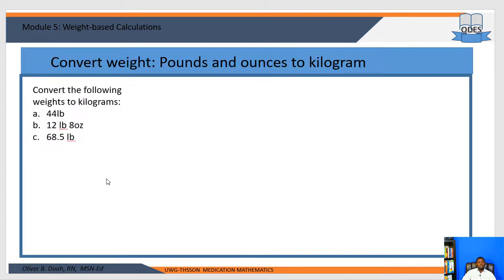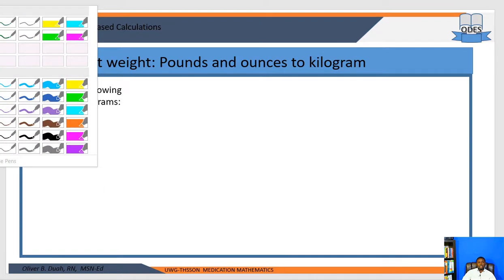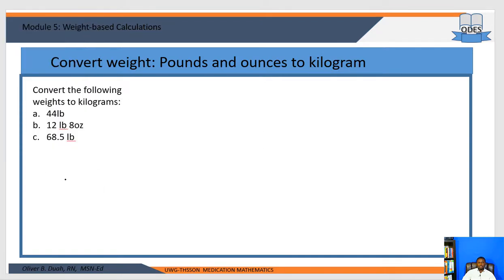Let's begin by doing some weight conversions. Question: convert the following weight to kilograms. A, 44 pounds. The first question we should be asking is, what is the equivalent from kilograms to pounds?